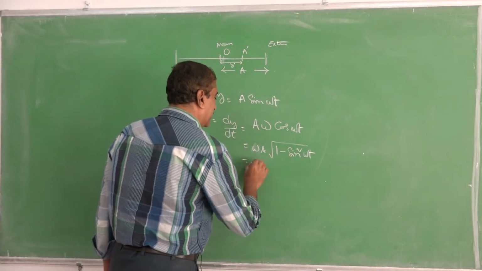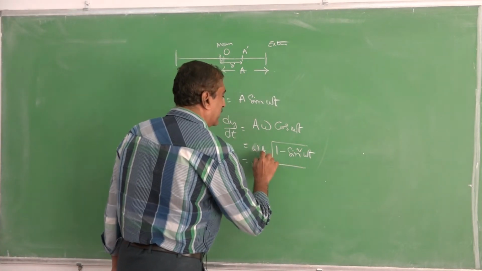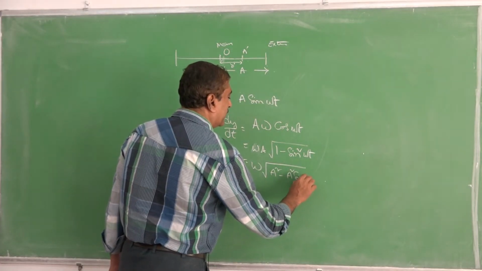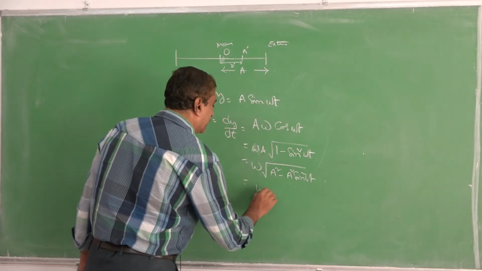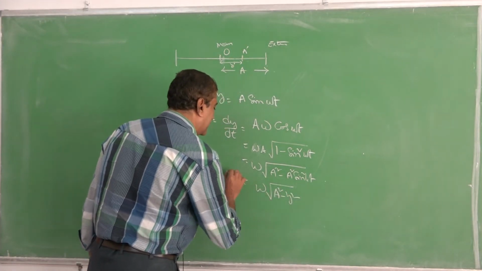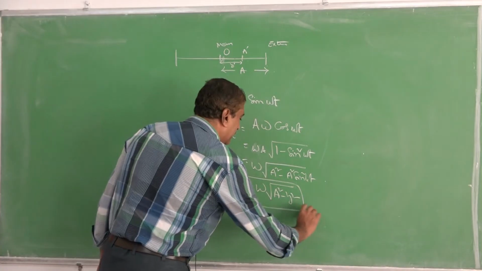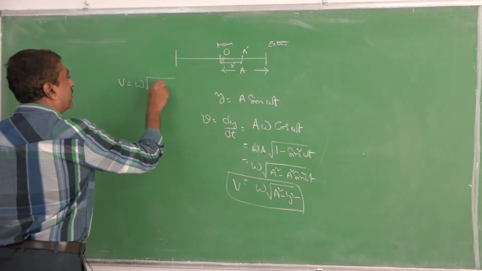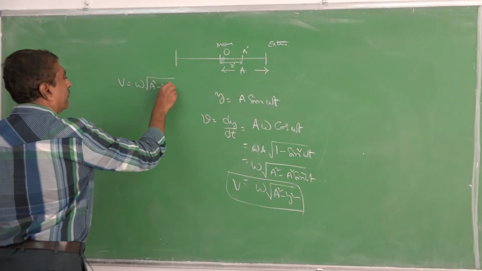So, writing this in terms of roots, we get omega into square root of A square minus A square sin square omega t. So, that is omega into square root of A square minus y square.